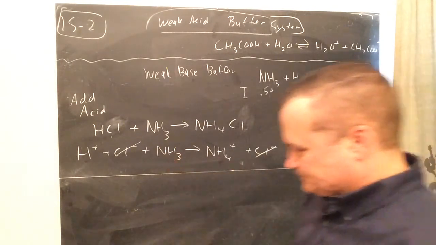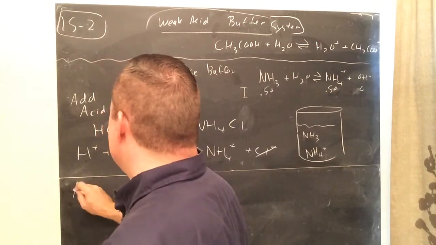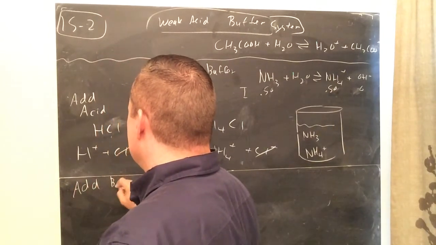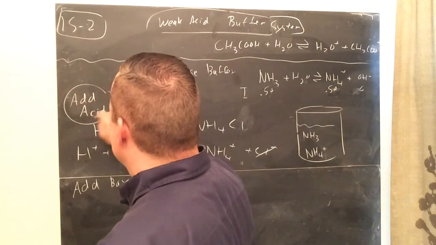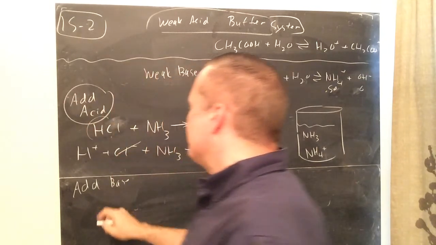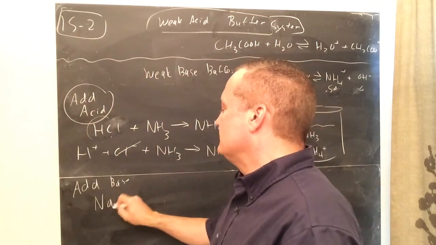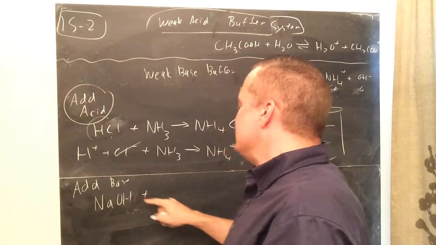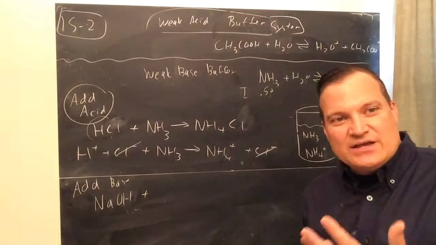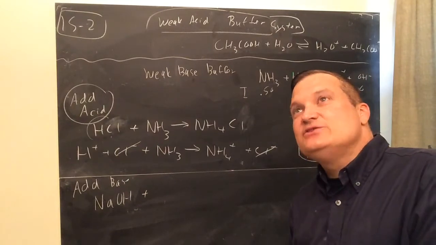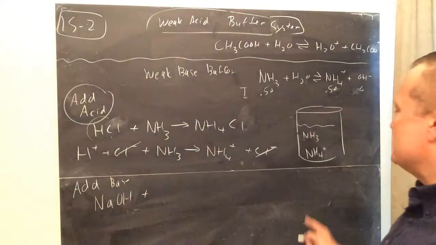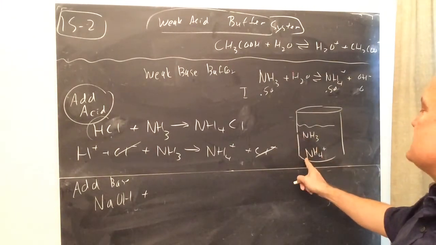There it is. And then the last one, if I add base. So for acid, I made HCl. For base, I'll make it NaOH again. If I add base to this system, what do you need to neutralize a base? You need to add acid to it. Which one is acid? The NH3 or the NH4 plus?